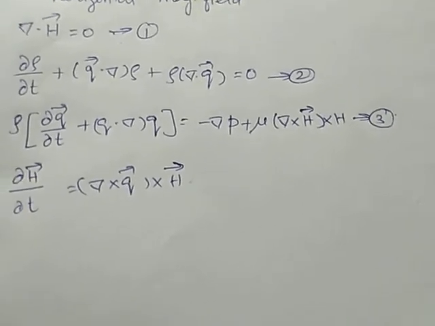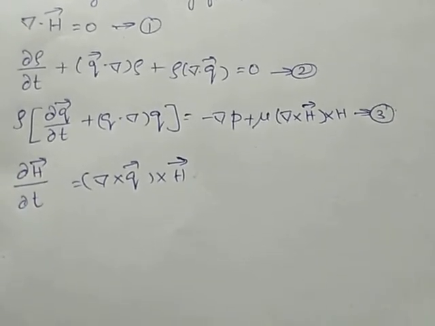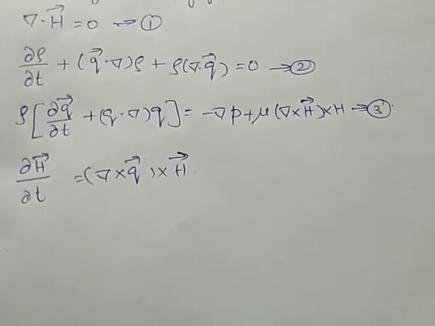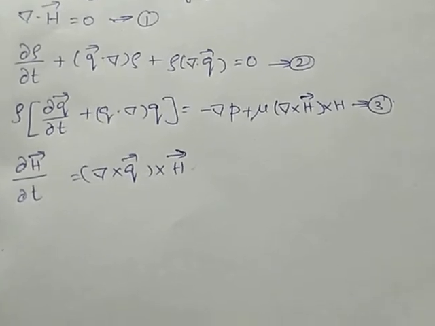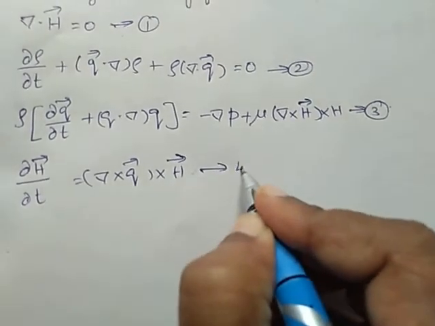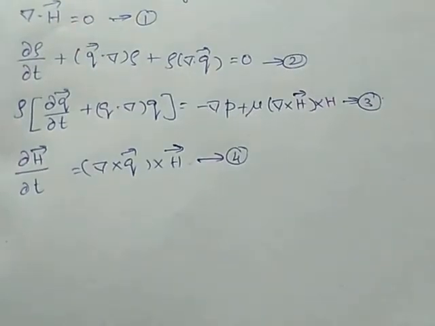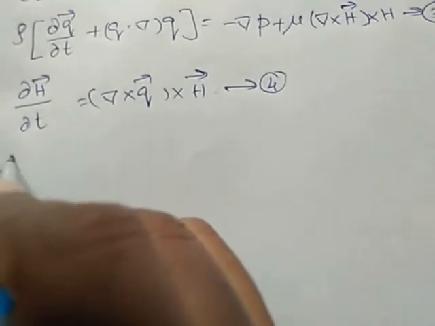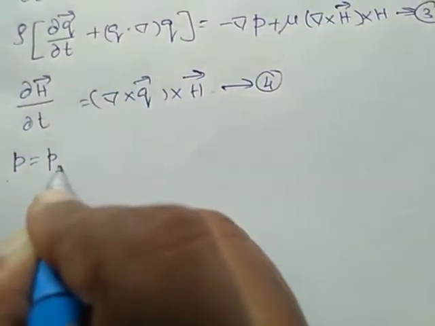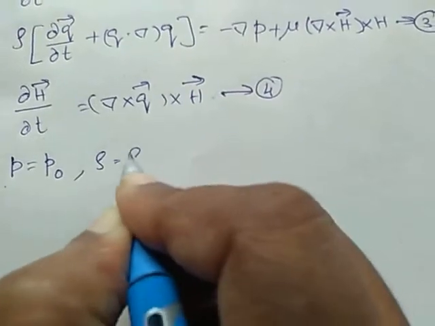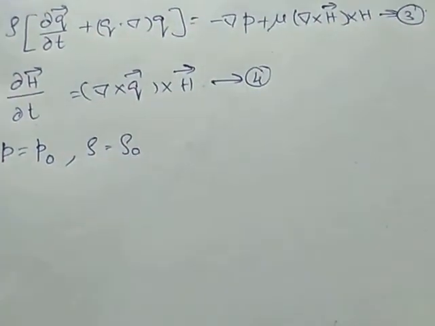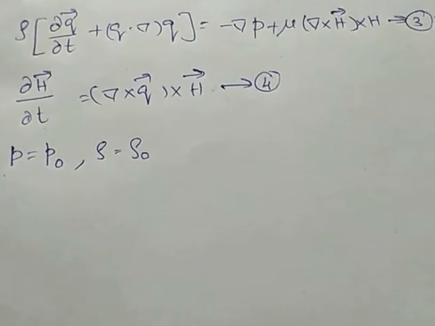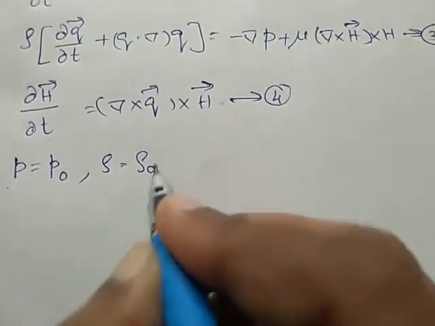Here we are considering that in the basic state the fluid is at rest. So in the basic state we have pressure P naught and density rho naught. Saying rho is rho naught means we are assuming density is uniform throughout the fluid flow in the basic state.